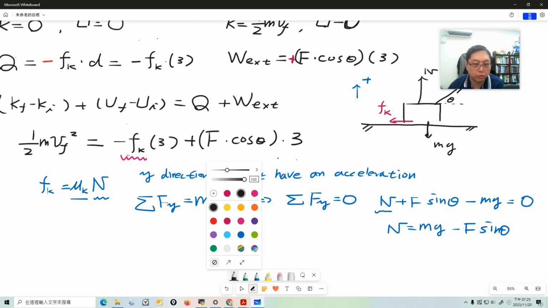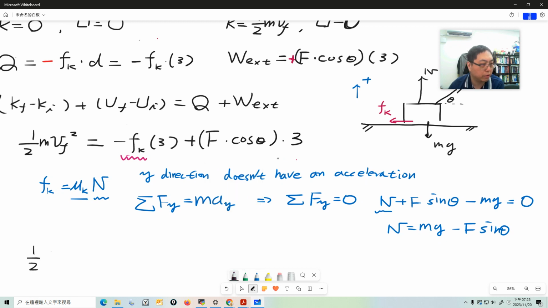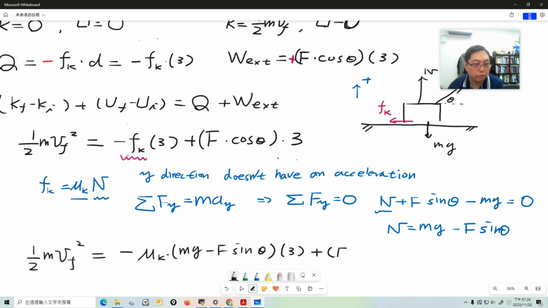Should I change color? So one half m vf squared equals minus mu k times N, so it's mg minus F sine theta, times 3, plus F times cosine theta times 3.